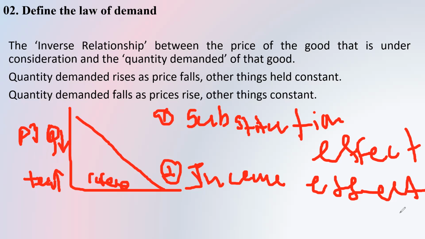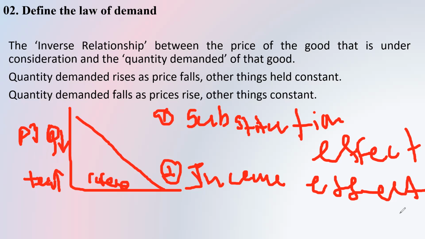So when we consider the income effect, actually due to the increase of price, the consumer cannot purchase the earlier quantity. Just say, for example, if we have 1,000 rupees, earlier we purchased 2 milk packets at 450 each.